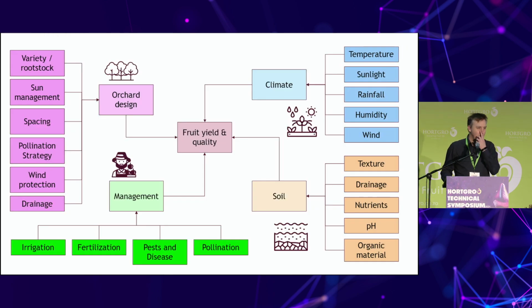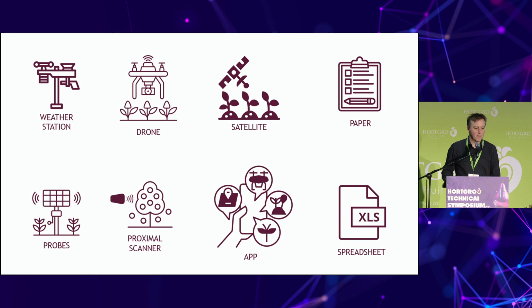Now, as you know, as fruit growers or involved in fruit growing, we deal with a very complex problem involving various factors relating to climate, soil, orchard design, and also management. And all of those factors have many components that we need to make sense of.